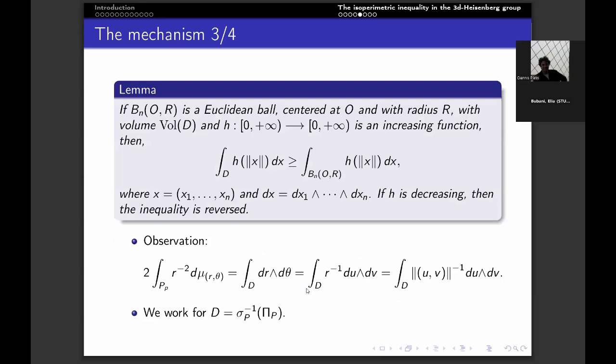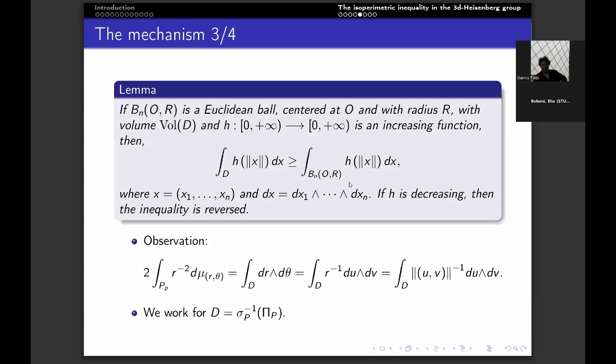Also, we will use this fact that if we have an Euclidean ball centered at the identity with radius r, and let's call its volume vol d, and we have an increasing function, then we have this inequality for the integrals.